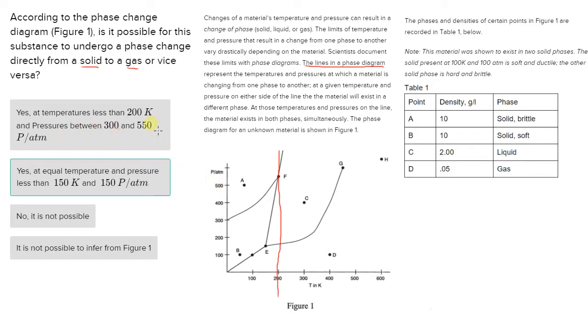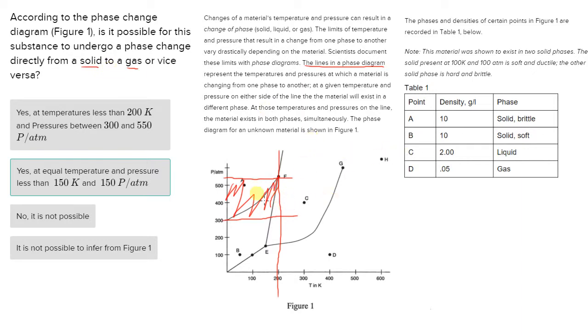If you don't understand the units, don't worry about it. They have the units here, so you don't even need to understand what those are. So basically they're saying that at this phase change line, or in this little box right here, we have something going from a gas to a solid or vice versa.